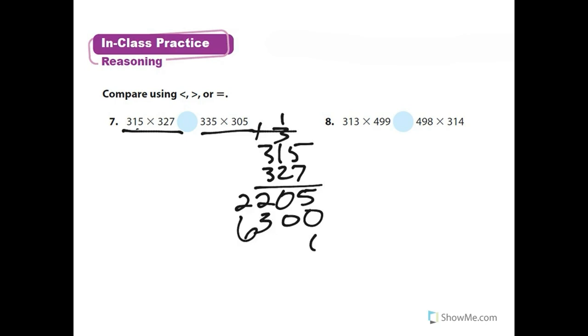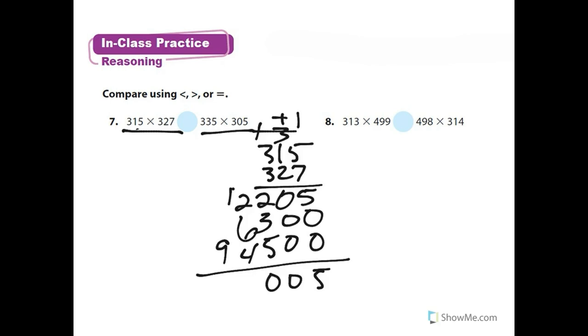And 2 times 3 is 6. 2 zeros. Mark that out. 3 times 5 is 15. Carry that 1. 3 times 1 is 3 plus 1 is 4. And 3 times 3 is 9. So 5, 0, 5, 10, 3, 9, 13, 103,005.